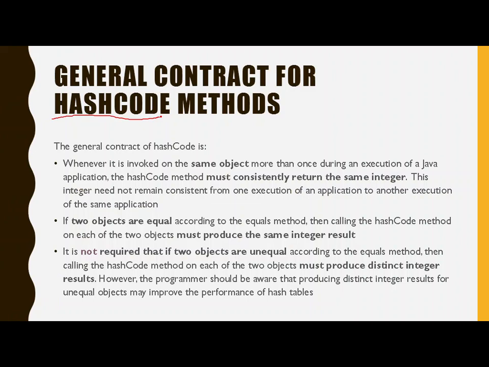Now, we know that collisions are inevitable, so it is not required that if two objects consider themselves unequal, they generate different, distinct integer results. However, it is certainly desirable that they don't clump up.